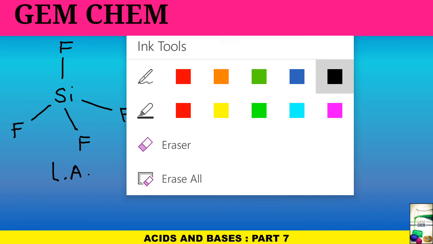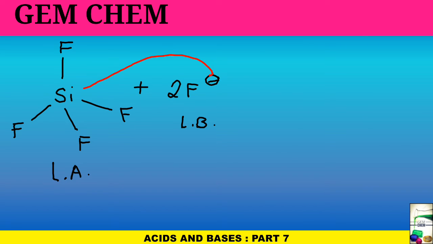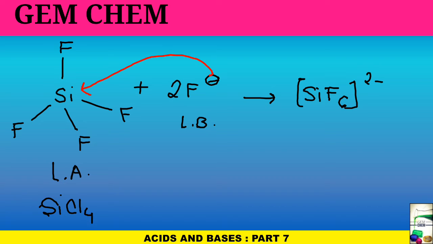So this F minus will try to attack the silicon center. So what we get ultimately is SiF6 2 minus.